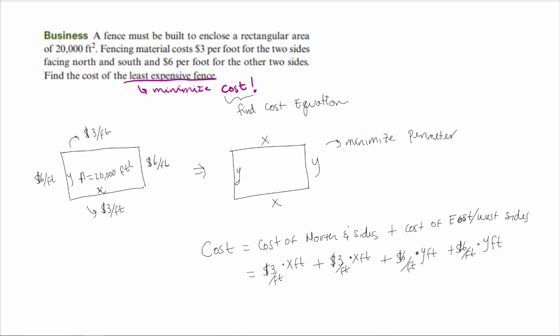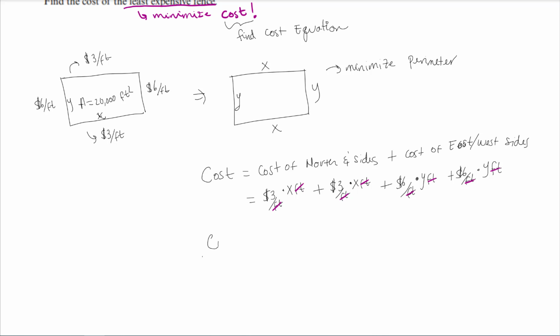Notice the feet cancel with some dimensional analysis, and we're left with dollars, which is what we want. So my cost equation is 3x plus another 3x plus 6y plus another 6y, for the north, south, east and west sides. The cost in total is 6x plus 12y.